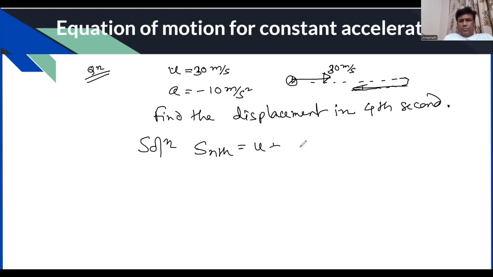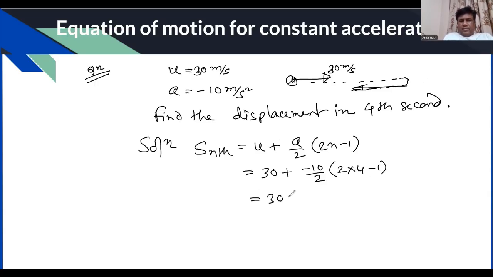It is equal to u plus a by 2 into 2n minus 1, and u is 30 plus minus 10 by 2, 2 into 4 minus 1. That is equal to 30 minus 35, so that is minus 5 meters.